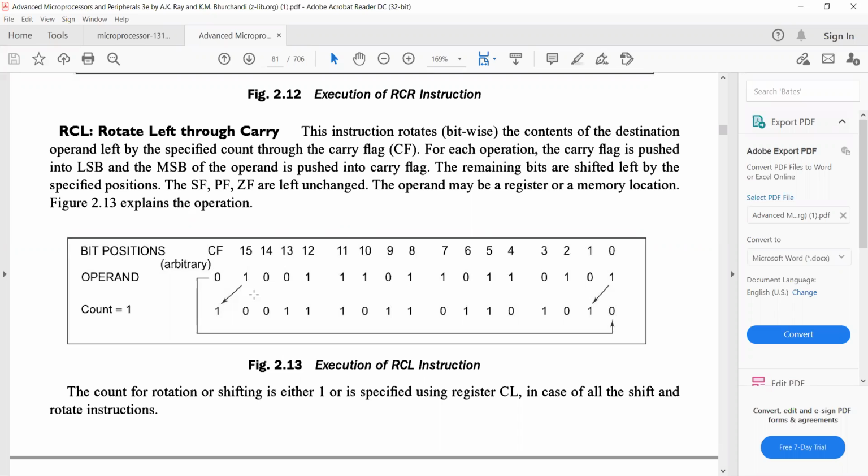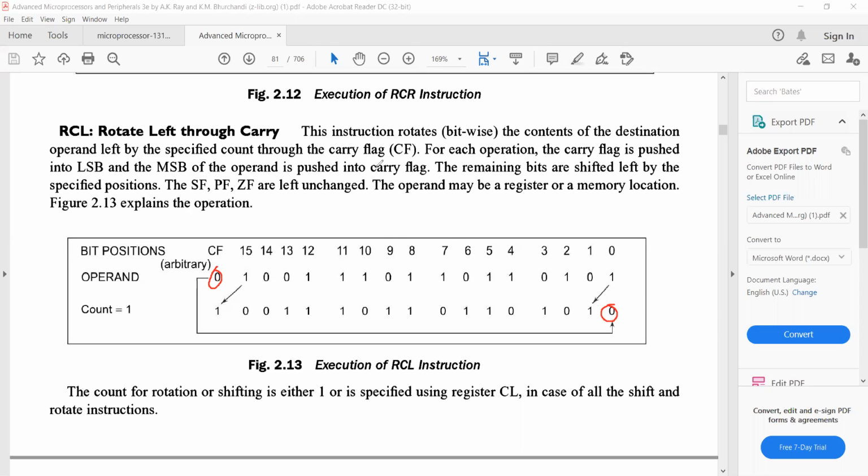We perform the shift left operation as it is, but the carry flag, which is 0, is rotated towards the left into the LSB position, which is also 0. If it is 1 here, the LSB position will be 1.